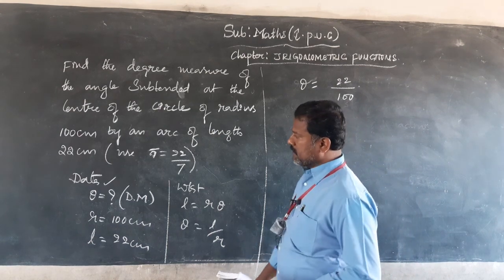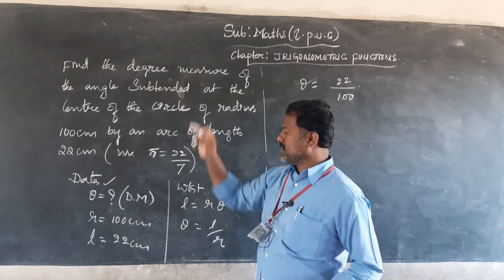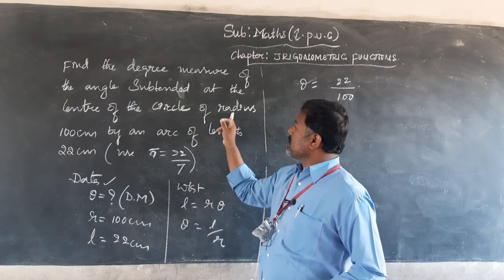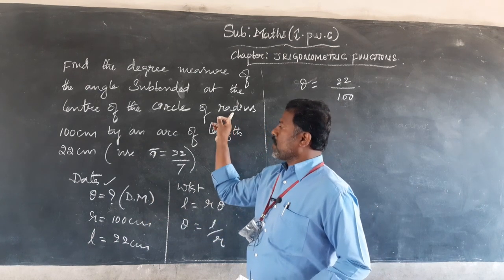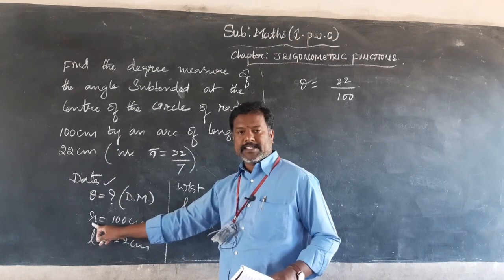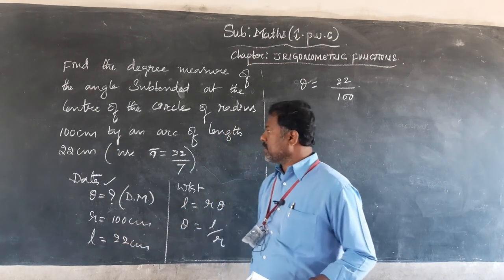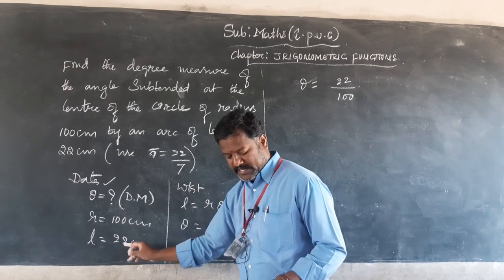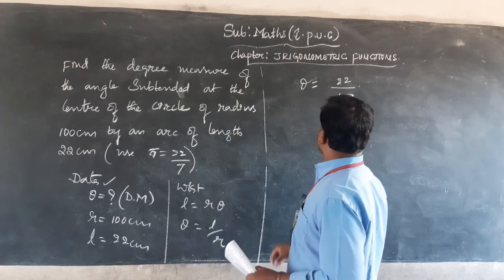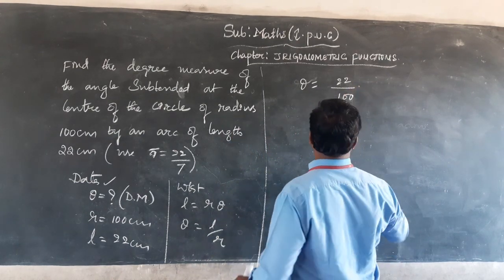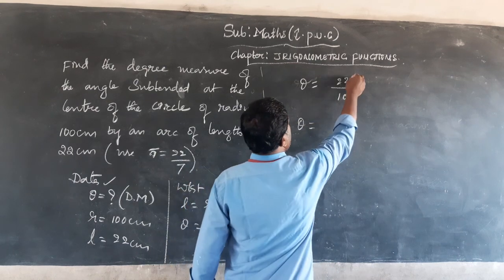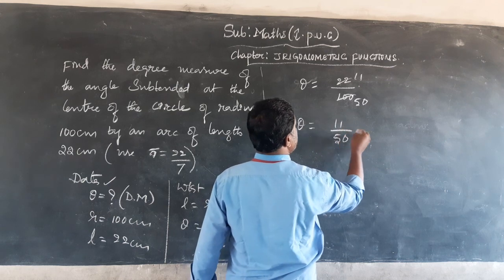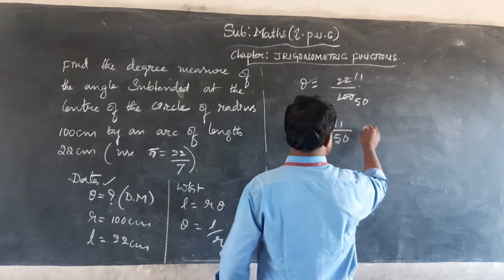So here we have taken clearly, find the degree measure, that is theta is equal to question mark in terms of degree measure. They are given us clearly in the data the value of radius, that is small r is equals to 100 centimeter, and also arc length, that is 22 centimeter. Understand, children? So here theta is equals to 22 by 100. Let us simplify this, 11s to 50s, that is 11 by 50, which is in radians.